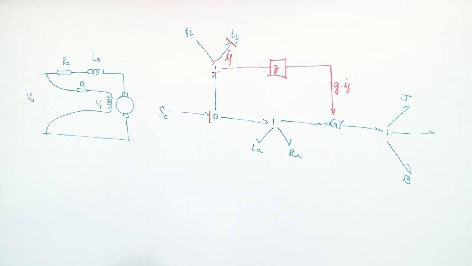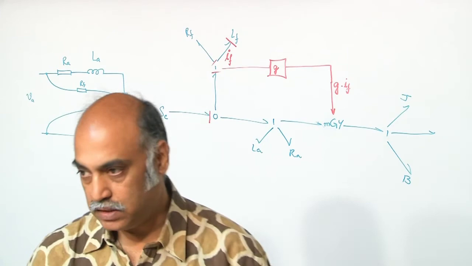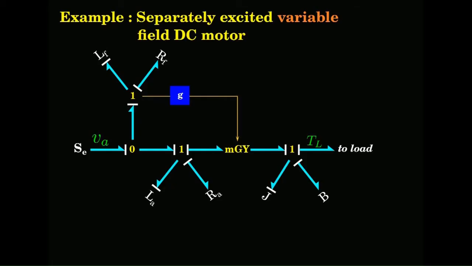You have the variable VA as usual, TL as the load, and it is for our system a disturbance input, okay. IA is a state variable, omega is a state variable, IF is another state variable, these three state variables, this is a third order system, GIF comes in there.